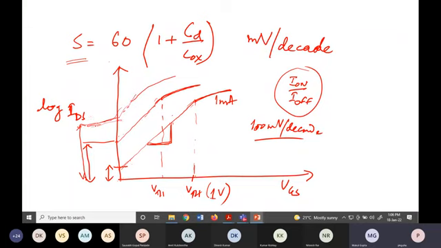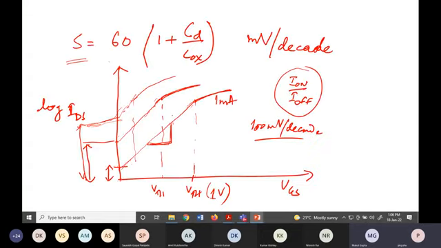Your static power is going to increase, because below threshold voltage the MOSFET is quote unquote off, but you have an appreciable amount of current because you can't change the subthreshold slope. Your VTH is going to decrease, and the decrease in VTH will give you much larger IOFF. So your ION over IOFF will degrade.